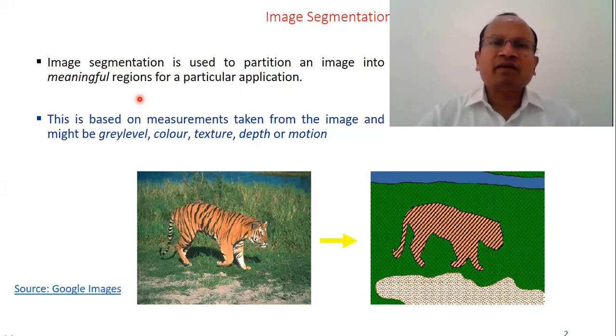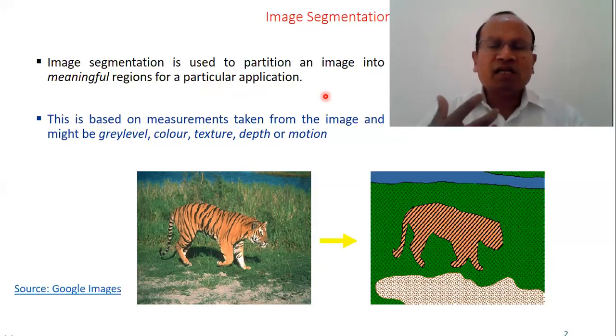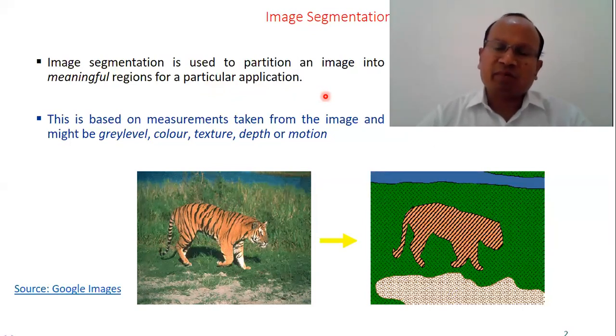Why do we segment? Because each and every small part which we are going to segment has some meaningful content, some meaningful information. Therefore, image segmentation aims at partitioning an image into a number of meaningful areas, meaningful regions, for a specific application.